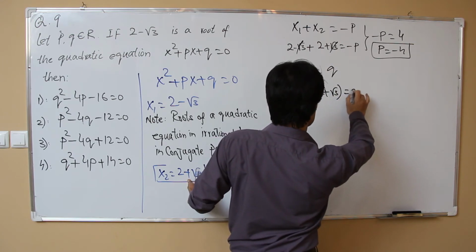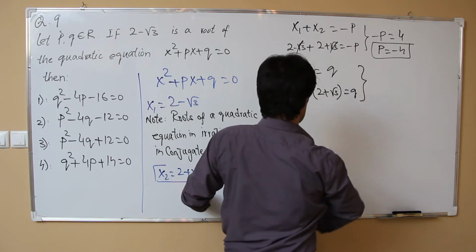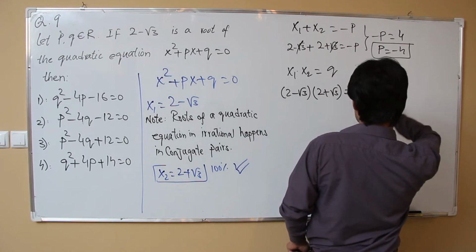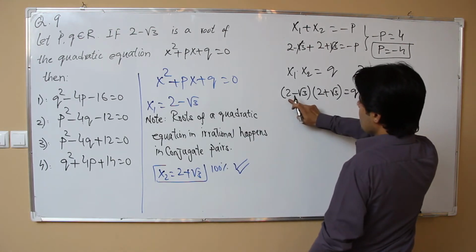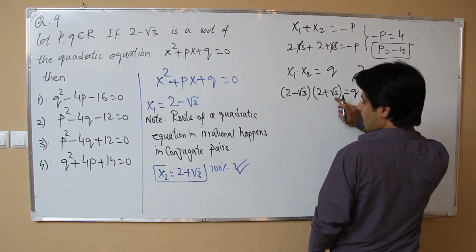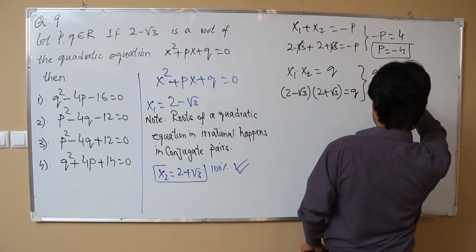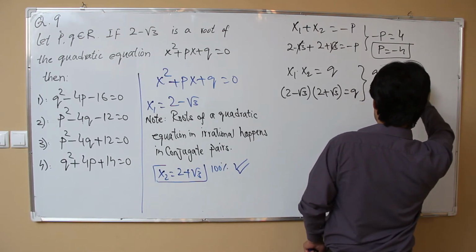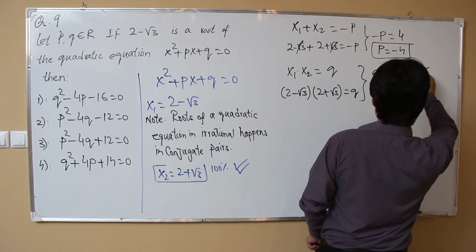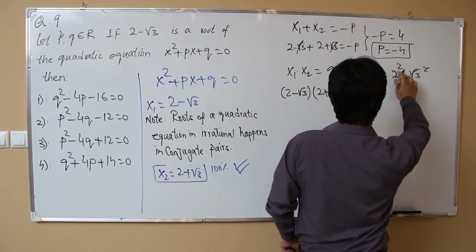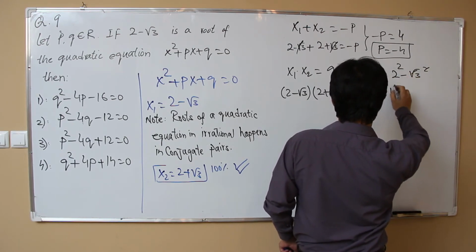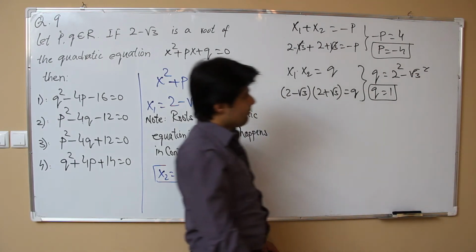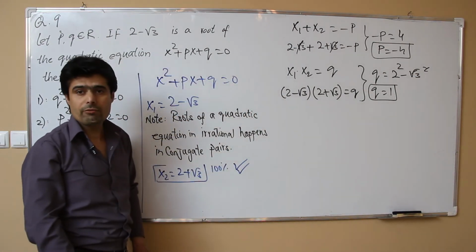This one is q. You can simplify this one. It is (a minus b)(a plus b), which is a square minus b square. It means 2 square minus root 3 square. We can cancel this one. 2 square is 4, 4 minus 3 is 1. Now you have p and also you have q.